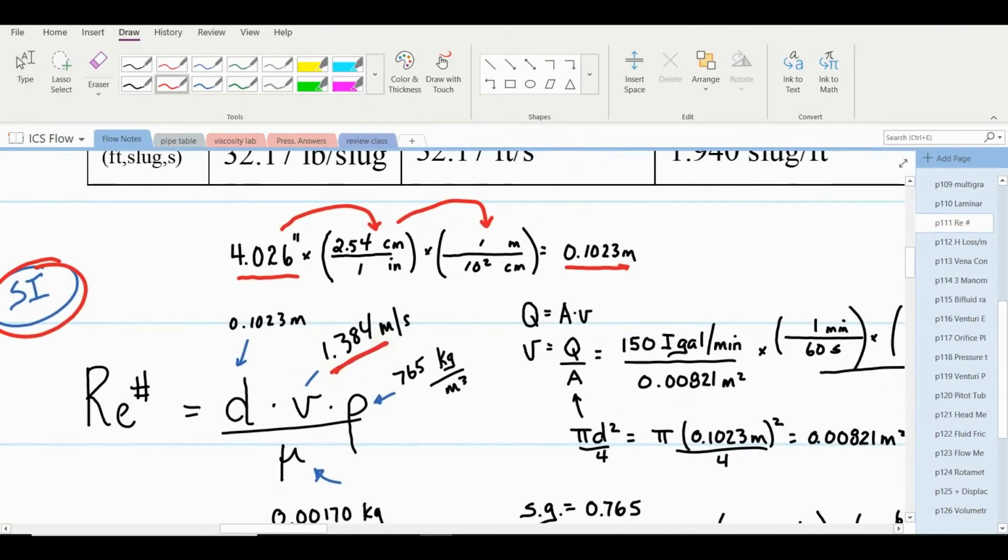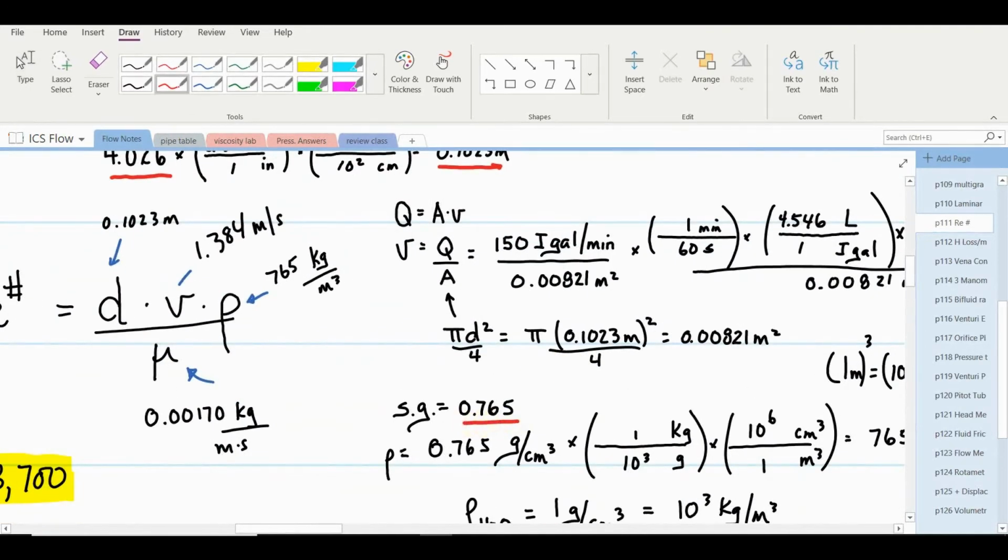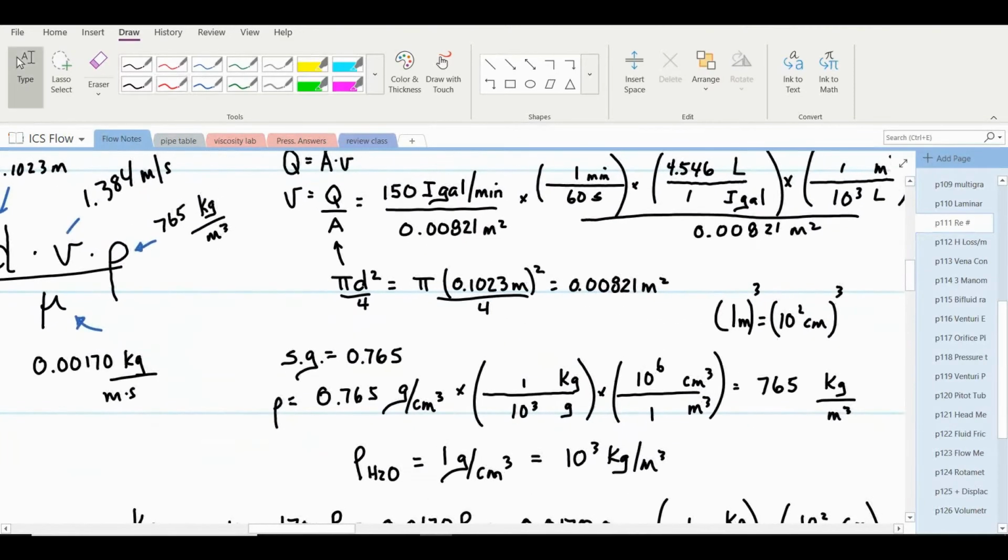Now we need the mass density. That'll have units of kilograms per cubic meter, but we're given the specific gravity, which is 0.765. How do we convert that? Well, recall that the specific gravity is numerically the same as the mass density in the CGS system. So 0.765 specific gravity is the same as 0.765 grams per cubic centimeter.